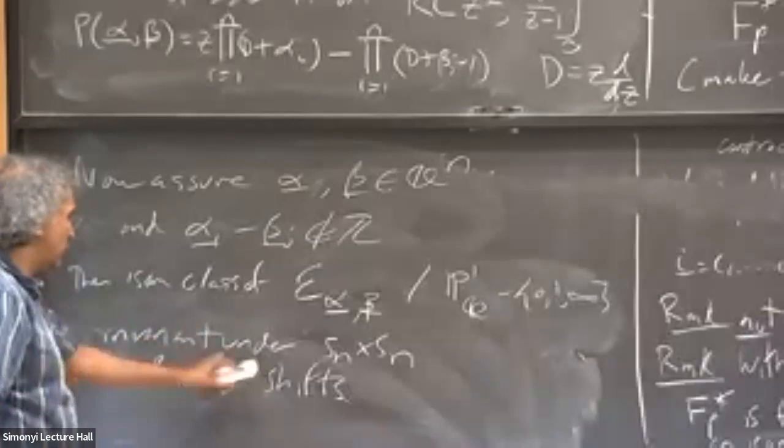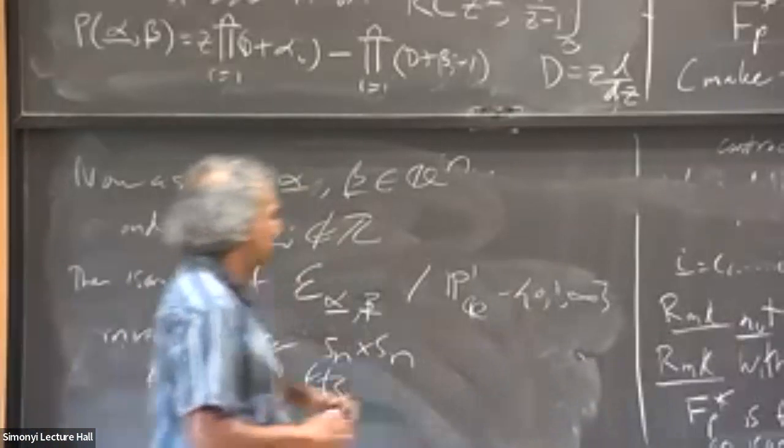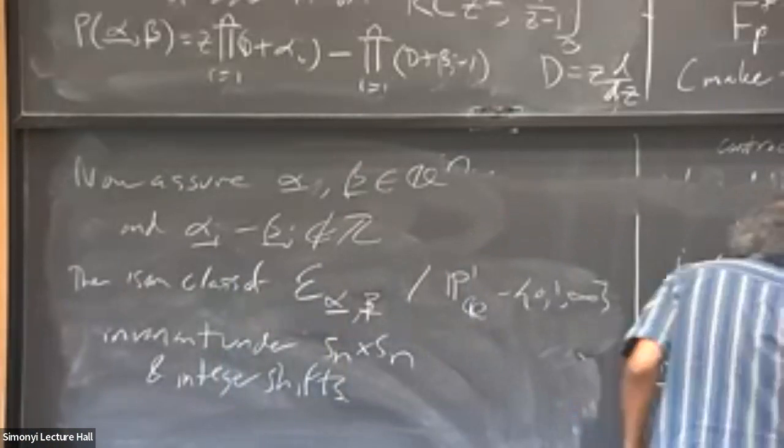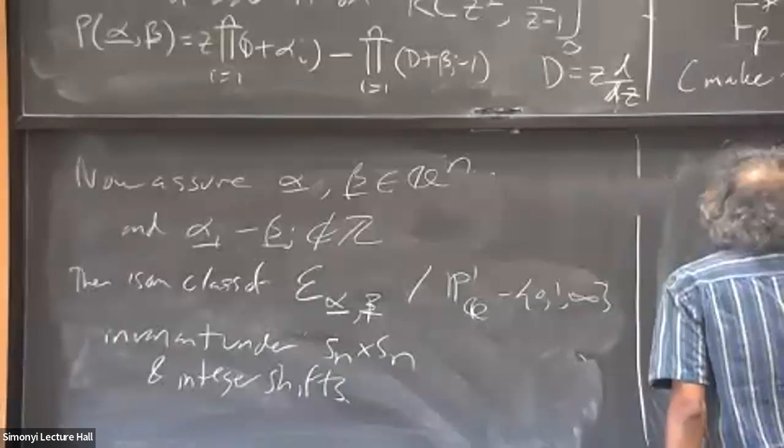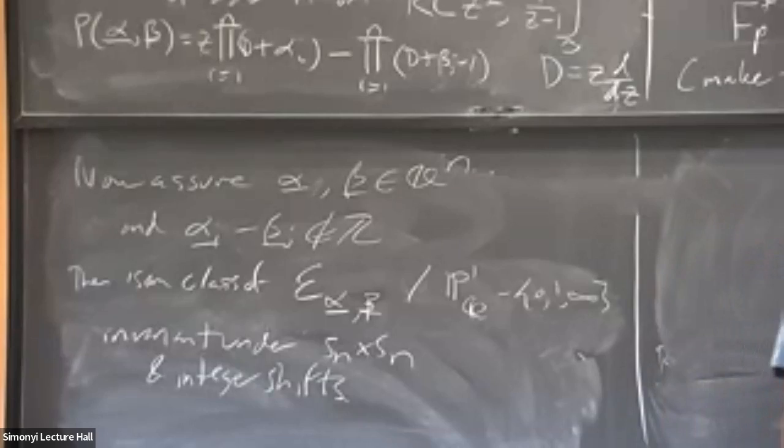So the integer shifts is the more interesting part. It's because I have a regular connection, everything is really only determined by e to the 2 pi i of the residue matrix.